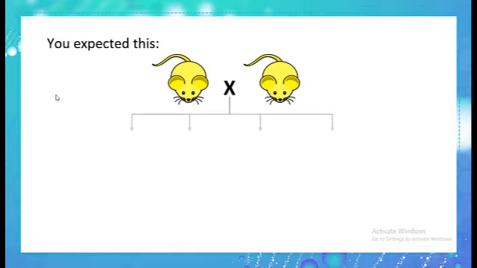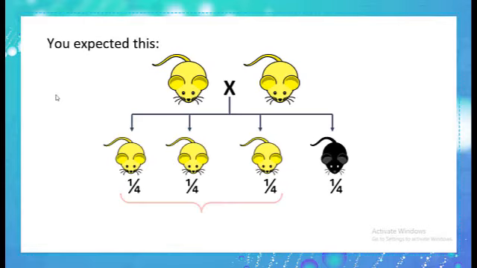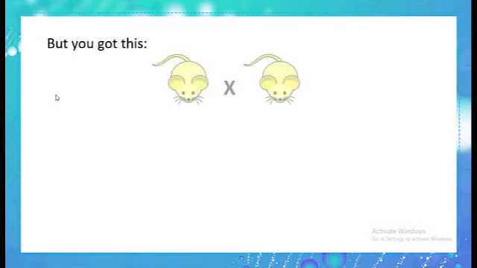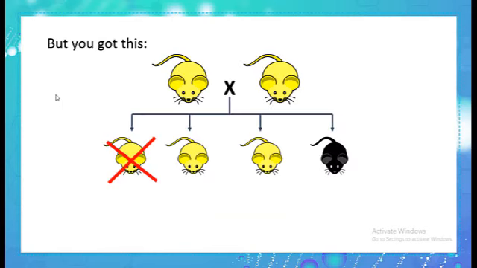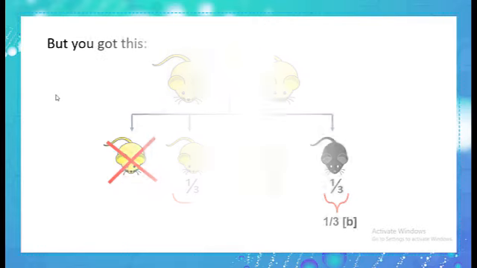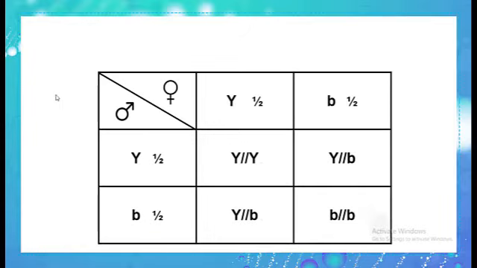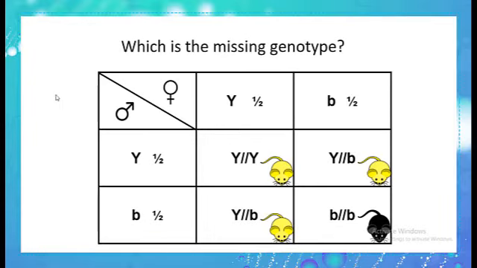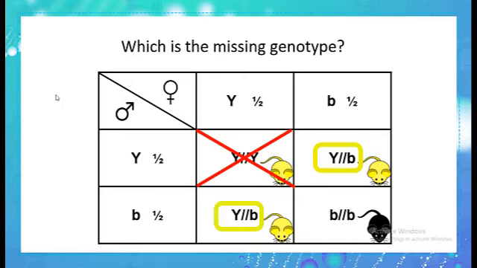You expect these results, 3/4 for the yellow mice and 1/4 for the black mice, but you got these results: 1/3 for black mice and 2/3 for the yellow mice. If you use the Punnett square table, you will directly notice that the homozygous YY is the missing proportion, since this will give 2/3 yellow to 1/3 black mice.